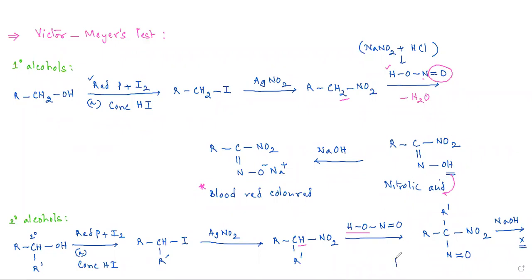And this thing which is formed on reacting with nitrous acid is called pseudonitrole. And this pseudonitrole is blue colored. You got red and now it is blue in case of 2-degree alcohol. Okay.